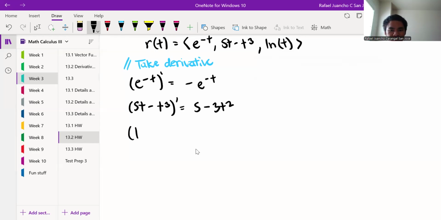And if we take the derivative of ln of t, well, here we get, I believe, it should be 1 over t, right? Yeah. Derivative of a natural log. Yeah, it's 1 over t. And so I just combine it. So I get r prime of t. And I put everything in.